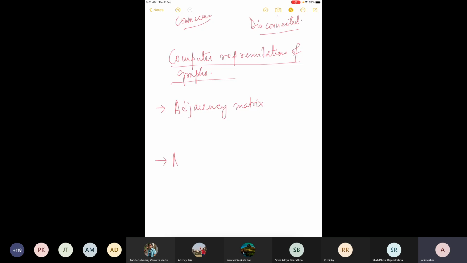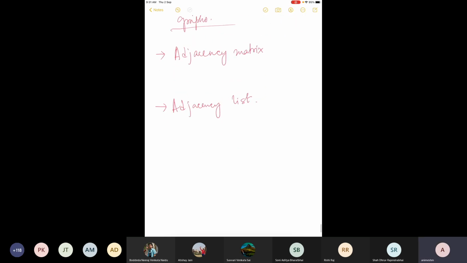The other is called an adjacency list. As the name suggests, the adjacency matrix is a matrix representation of the graph.